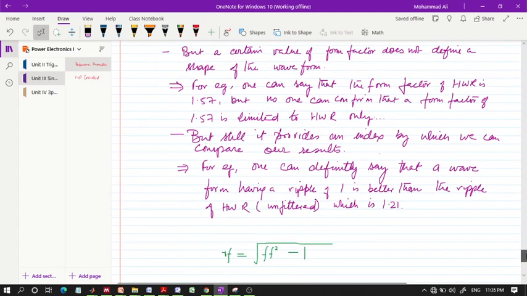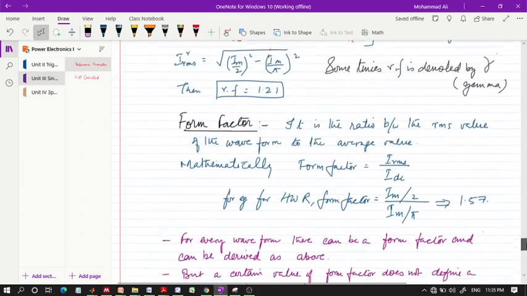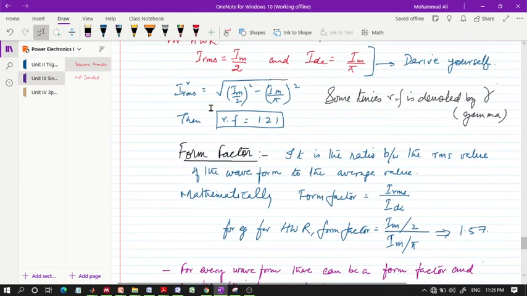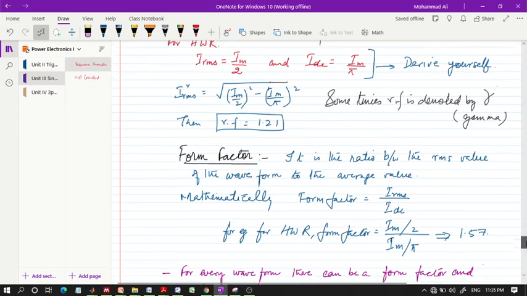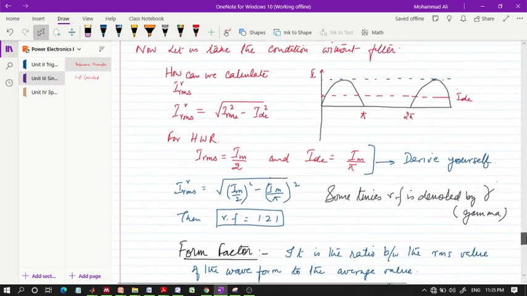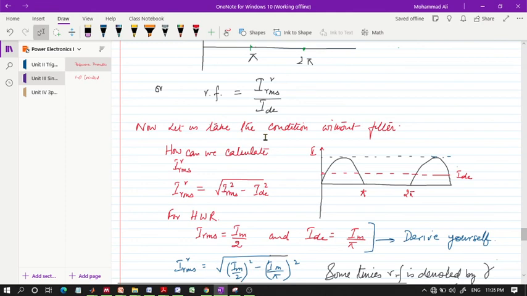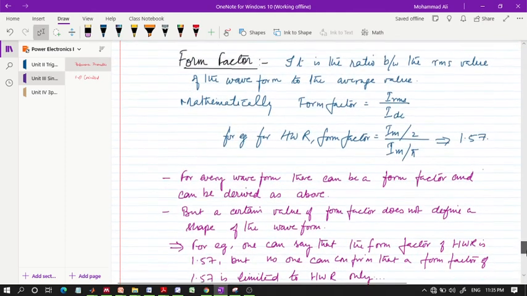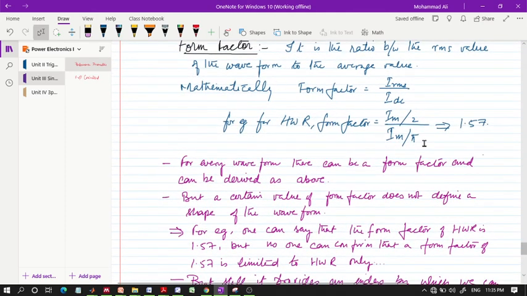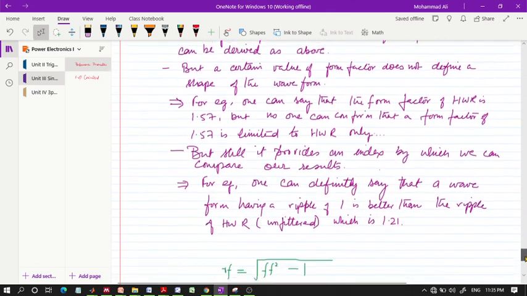So again, if I take the formula of ripple factor and compare it with the form factor, I will be getting this formula.